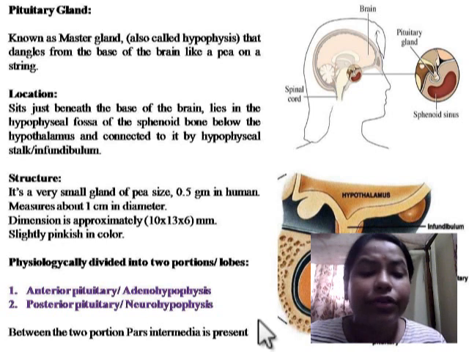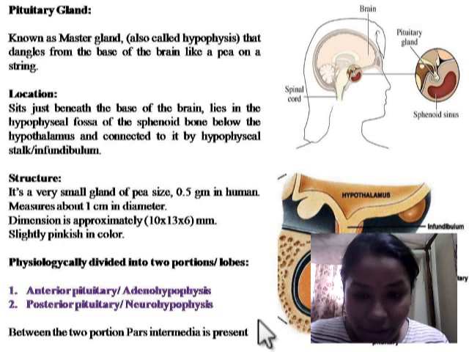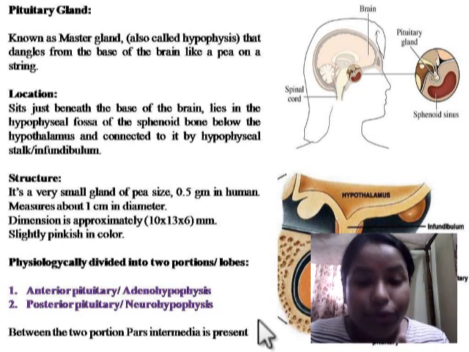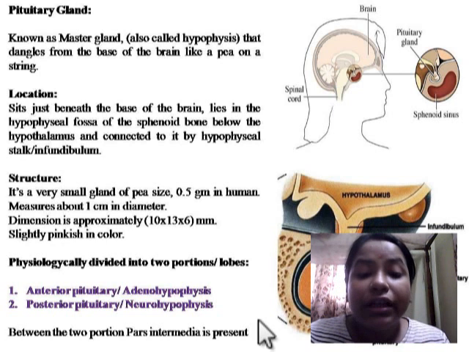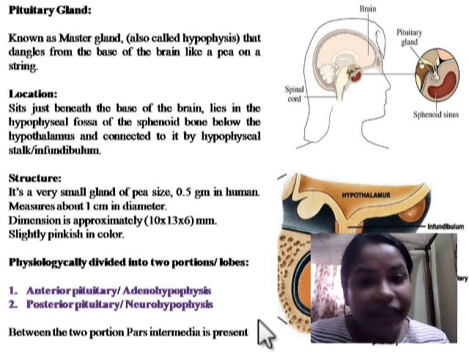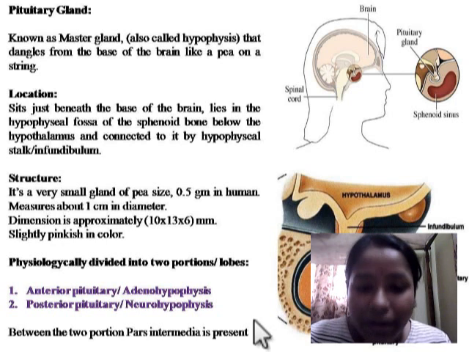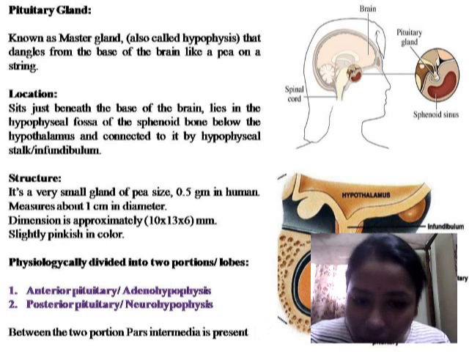One is the anterior pituitary or adenohypophysis and the other one is the posterior pituitary or neurohypophysis. Between these two, pars intermedia is present, which is also a part of the anterior pituitary. It is very small or almost absent in humans but large and more functional in lower animals.